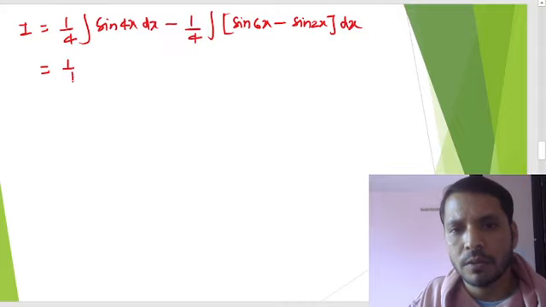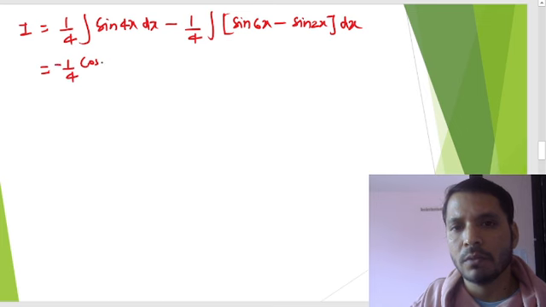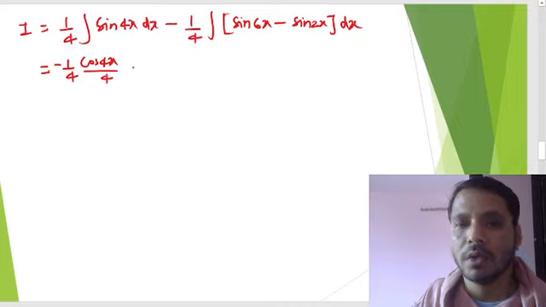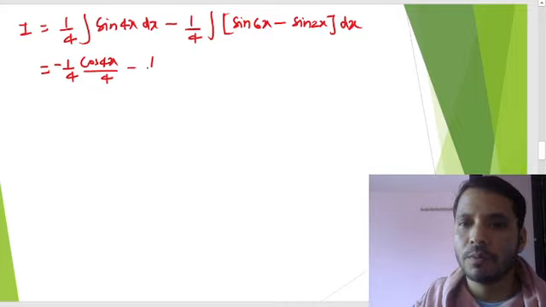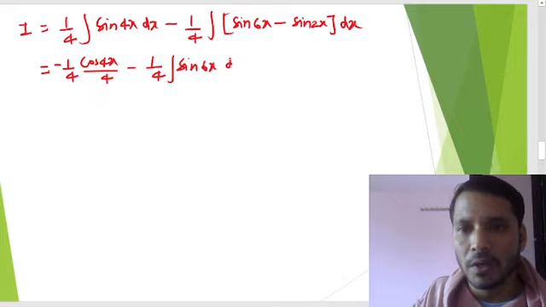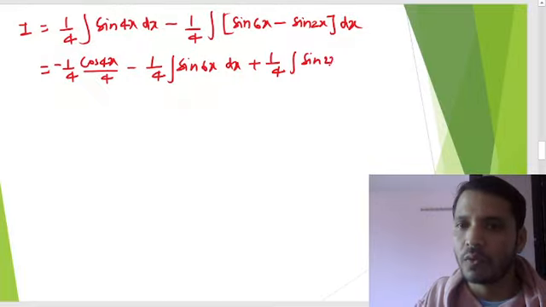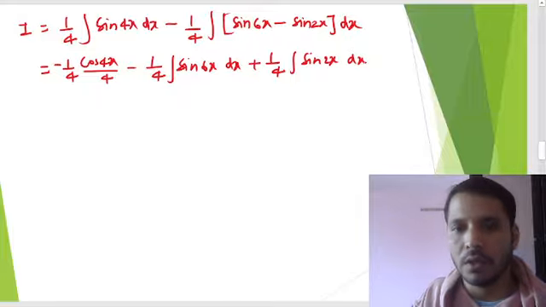So further we can write our answer here. Answer will be 1 by 4, integration of sine is cos, but with the minus sign, so minus cos 4x, and here again 4 will come down, and minus 1 by 4 integration of sin 6x into dx plus 1 by 4 integration of sin 2x into dx.